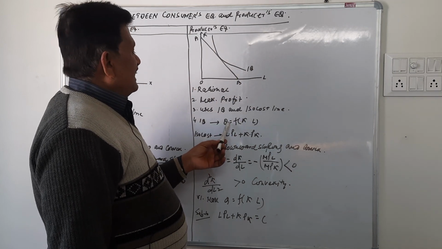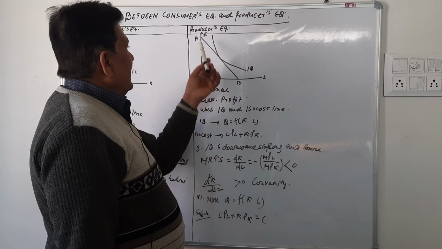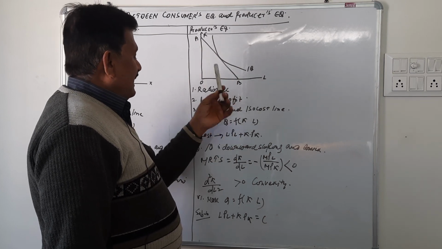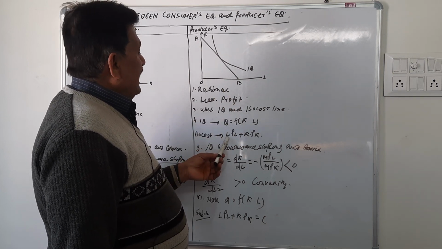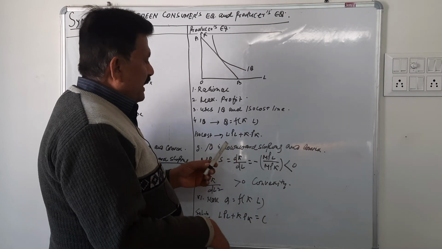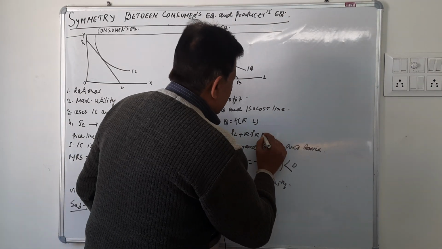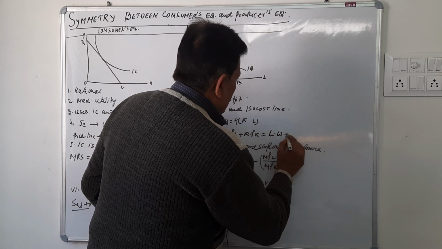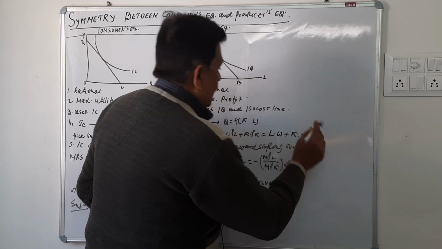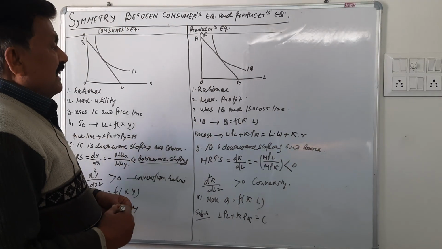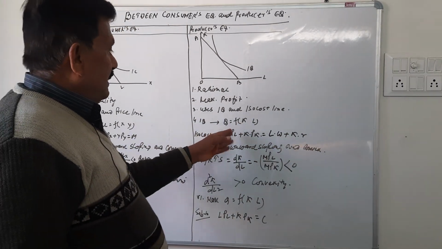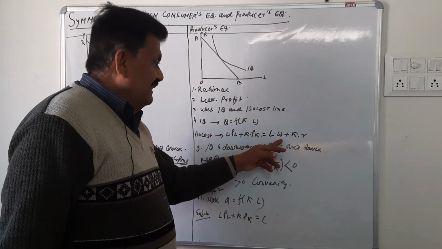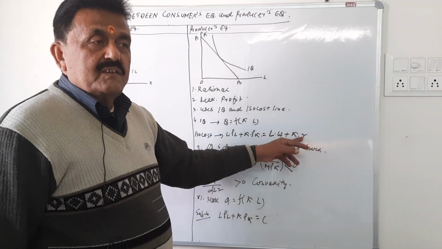It could be expressed as Q as a function of K and L, and AB is the iso-cost line, which could be expressed as L·PL plus K·PK, or in some books L·W plus K·R. This W and R are the prices of labor and capital: the wage rate and the rate of interest.